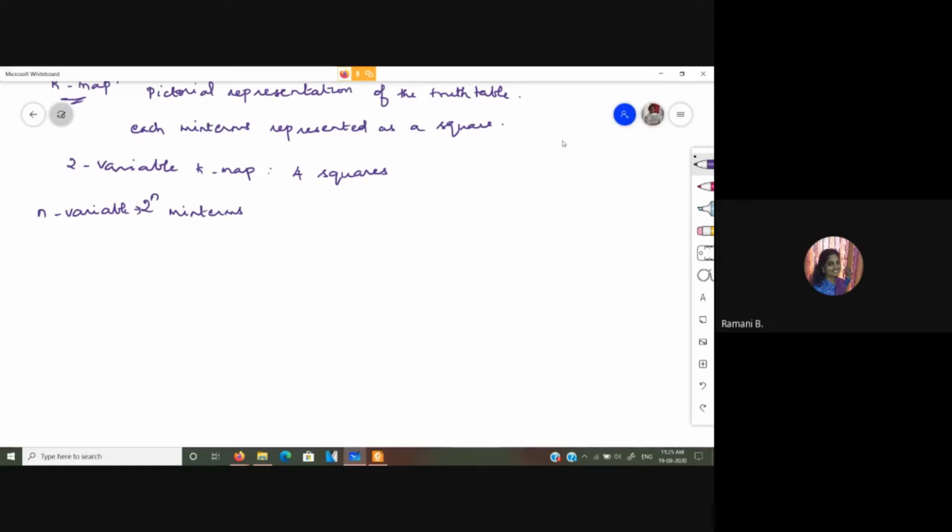So for a 2 variable K-map you will be having 4 squares, and this will be represented in this manner.